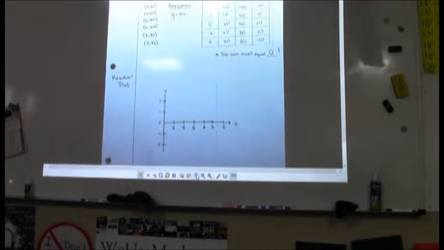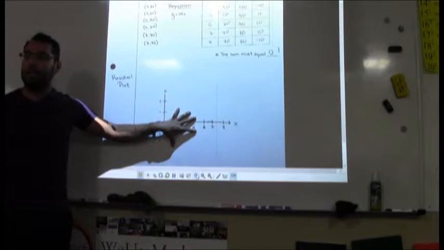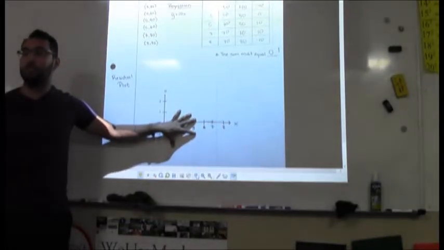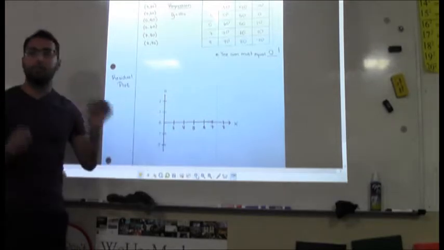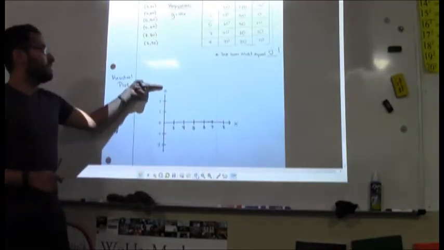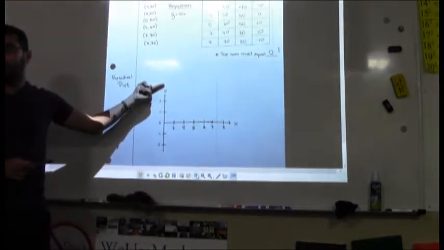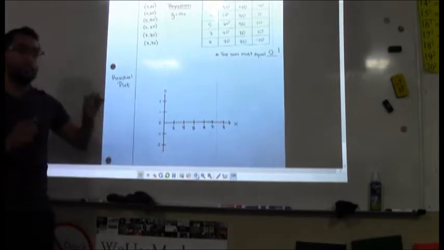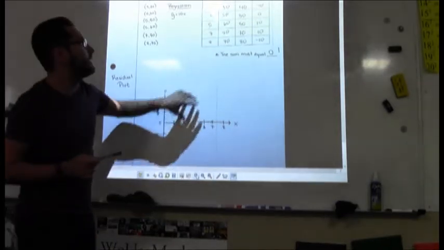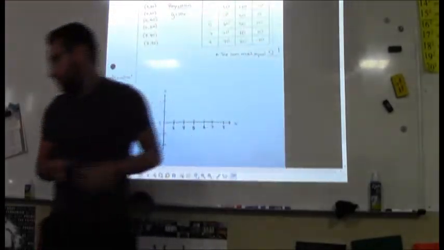This graph is not an x and y axis, nor is it a scatter plot. Those are two different things. The residual plot measures two things. The inputs are x values and E, which represents the residuals, the distance from the line. To graph this, you're going to use the x column and the E column.